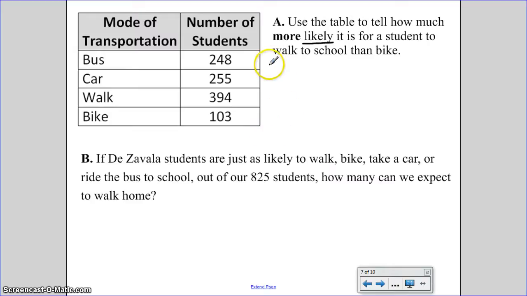Well, I know that the probability of walkers is the total number that walk, so we have total number of walkers over total students. Okay, well, I can fill in easily the top part of this fraction. So 394 walkers.